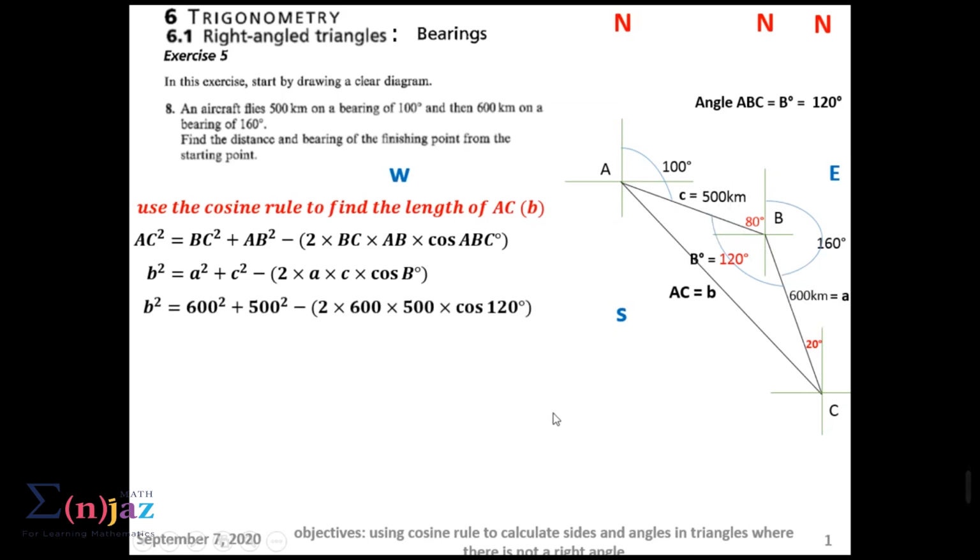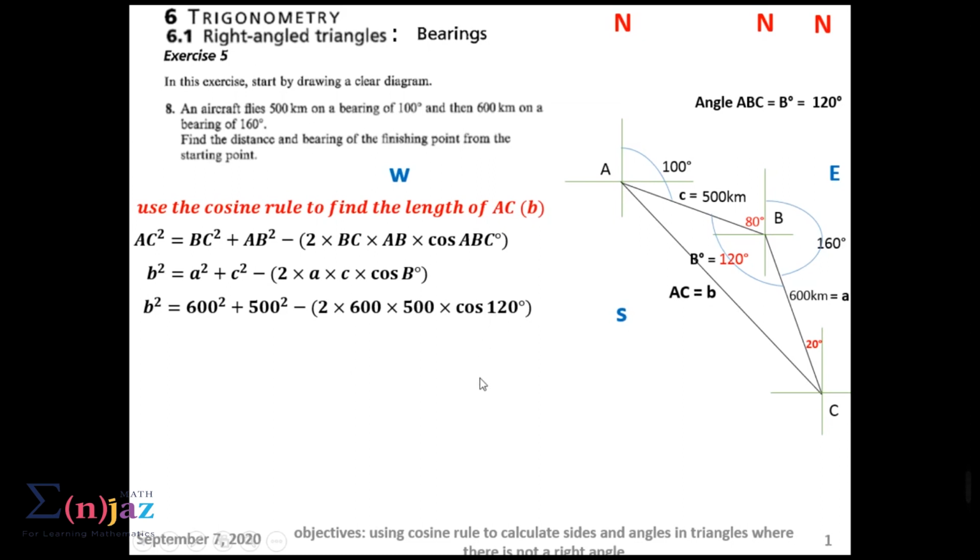Let's substitute in this formula. A is equal to 600 and C is equal to 500. That's why it's going to be b squared is equal to 600 squared plus 500 squared minus inside brackets 2 times 600 times 500 times cosine the angle between the two known sides, which is cosine of 120.